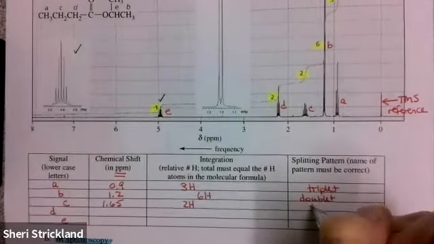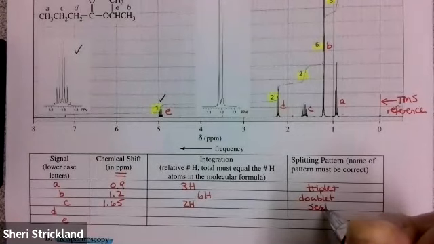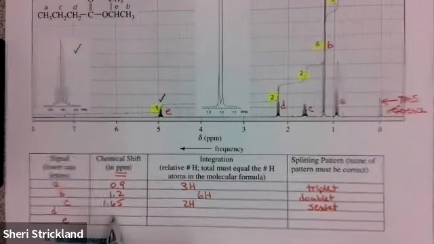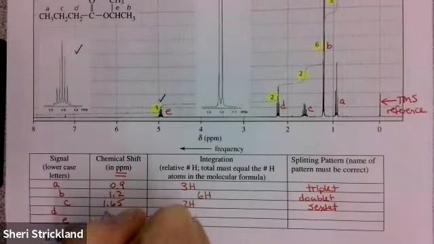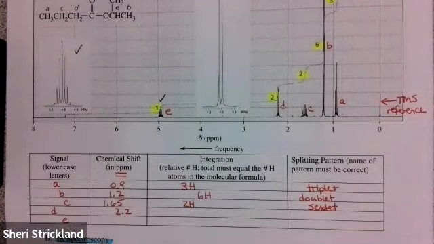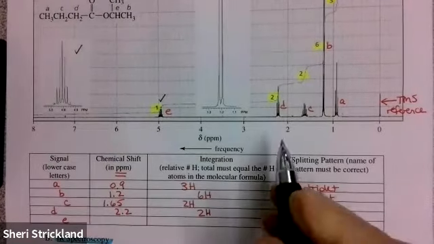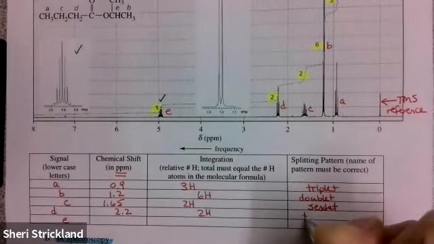That's a sextet. And you have to know the names of these patterns, so make sure that you do. For signal D, I got a chemical shift of 2.2 parts per million, 2 hydrogens, and this one here is a triplet.